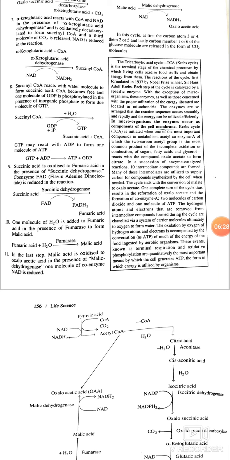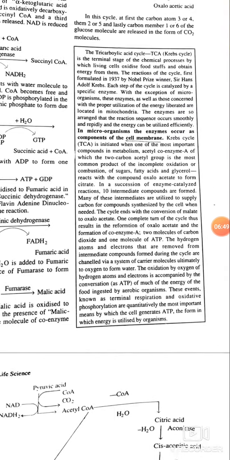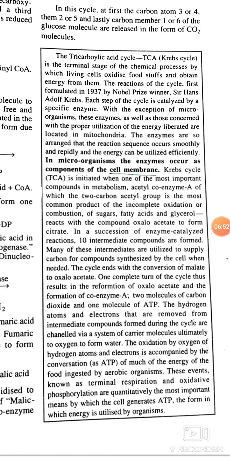The TCA cycle is the terminal stage of the chemical process by which living cells oxidize foodstuffs and obtain energy from them. The reactions of the cycle were first formulated in 1937 by Nobel Prize winner Sir Hans Adolf Krebs. Each step of the cycle is catalyzed by a specific enzyme.